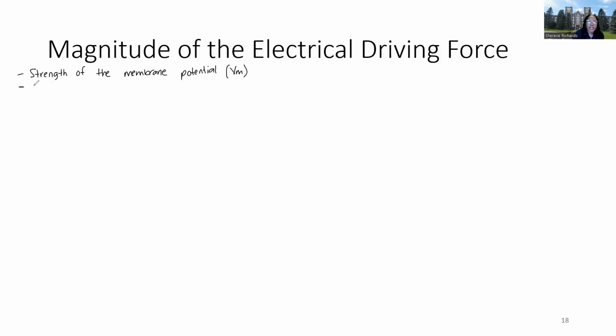The other thing is that the magnitude is going to be dependent on the amount and type of charge on the particle that we're looking at, the particle in question.